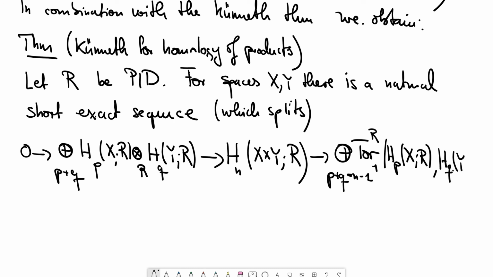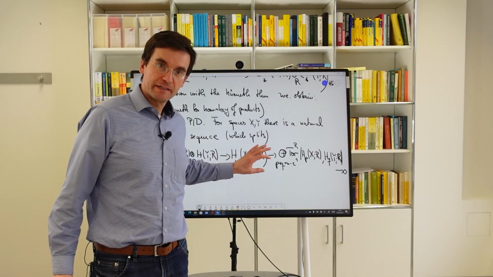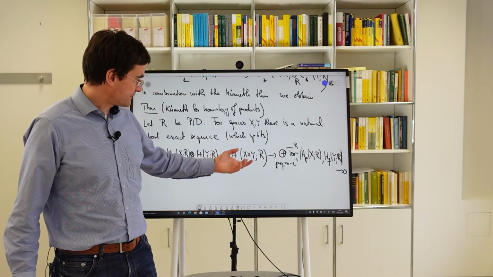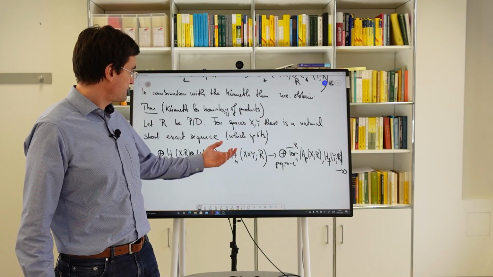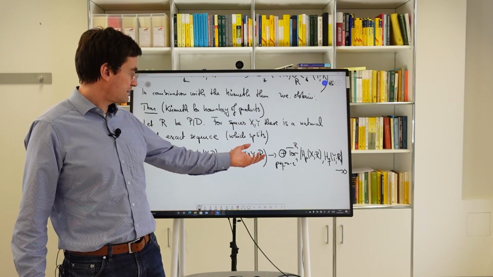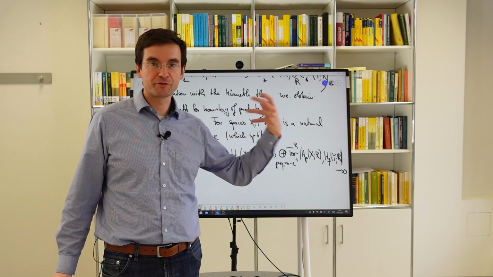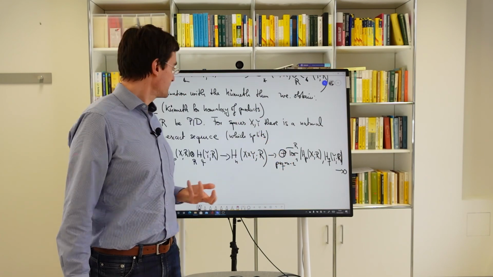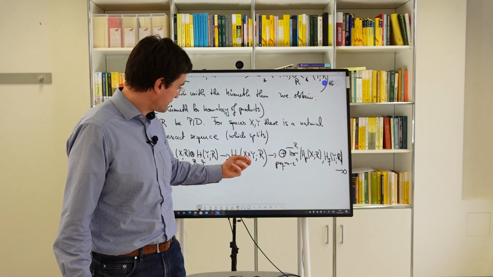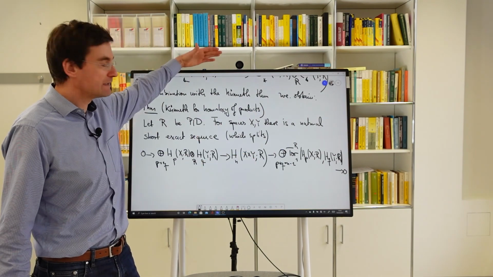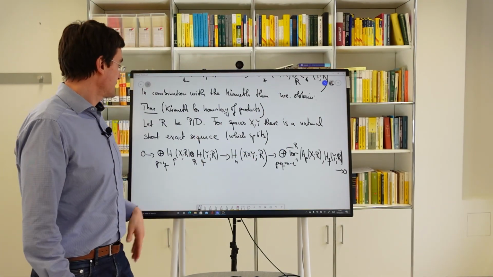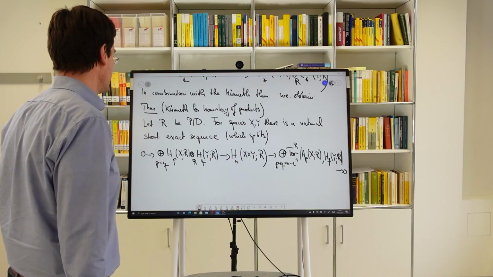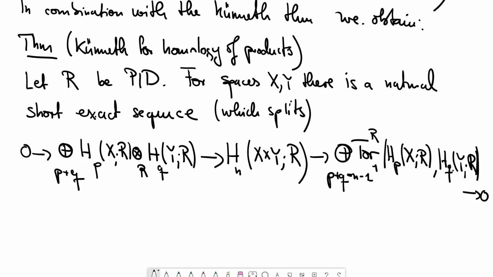So the only thing we did here was to replace the middle term, which was in the algebraic Künneth theorem, the homology of the tensor product, by the homology of a chain homotopy equivalent chain complex, namely the singular chain complex of x times y from this Eilenberg-Zilber machinery. And then we get this theorem, and there are some variations of that theorem.